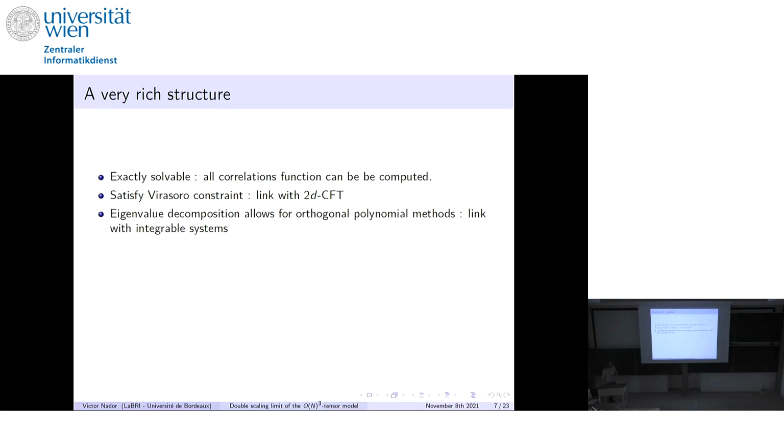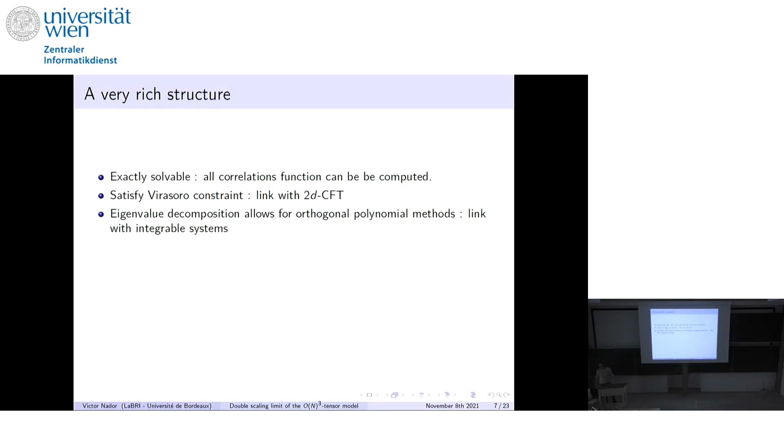And so the matrix models are known. I mean, the one matrix models are well known and have been studied in a lot of different directions. So it's a mathematically very rich structure. Among others, it's exactly solvable, meaning that working under this large N expansion, I can compute any correlation function exactly.